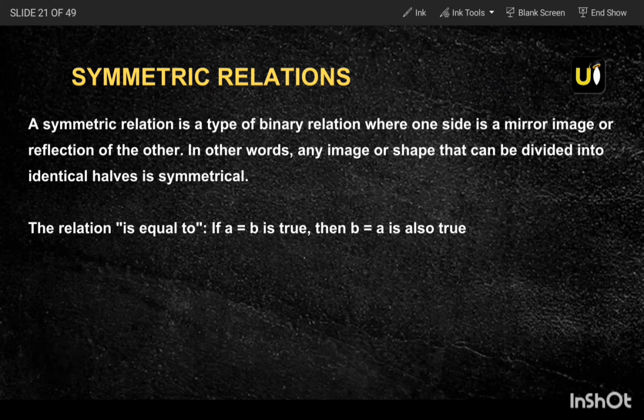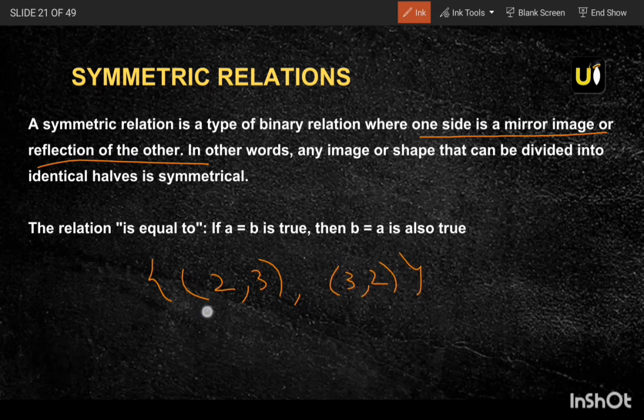Next, symmetric relations. A symmetric relation is a type of binary relation where one side is a mirror image or reflection of the other. What this means is, for example, in a given relation set, if you have 2, 3, then you must have 3, 2 also.